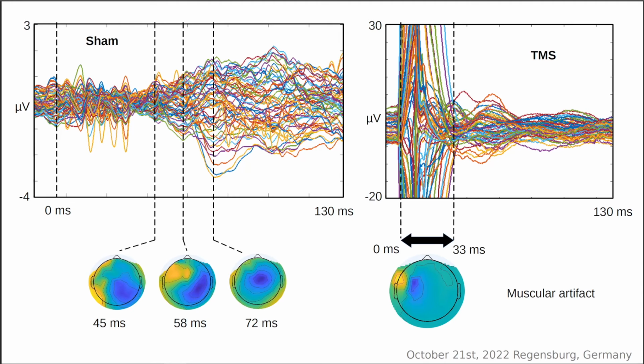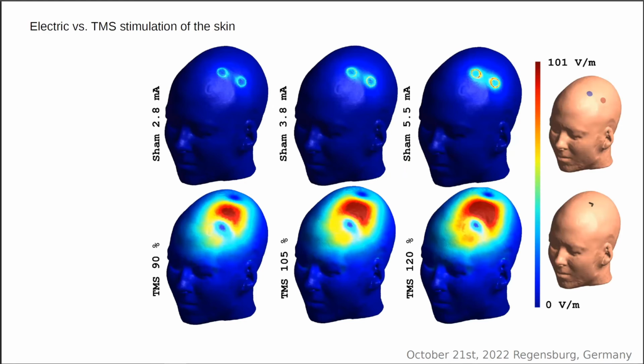So my final goal was to show the electric field. So if you use two channels, or however many channels you use, this is an electric field on the skin, and this is the electric field of the TMS. So the goal was to say there is no realistic sham, unless you can reproduce this with electric stimulation.